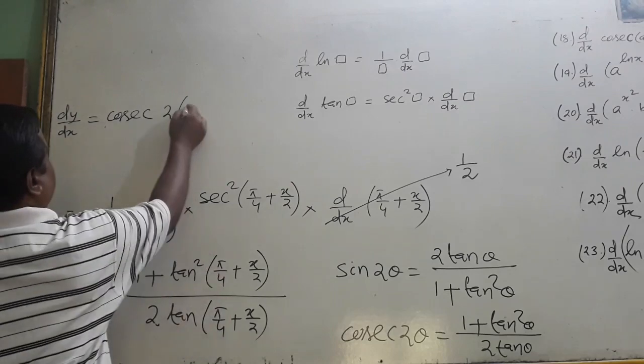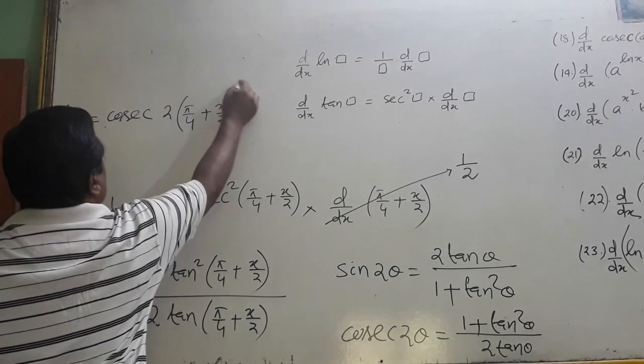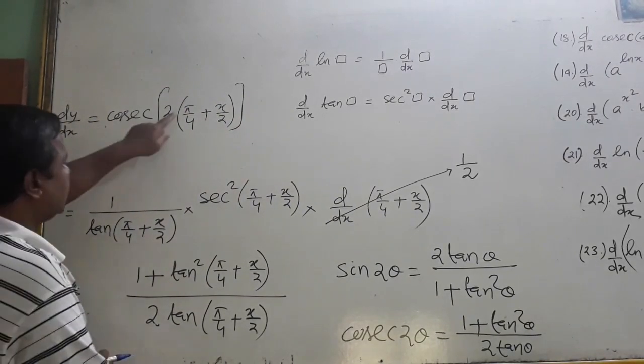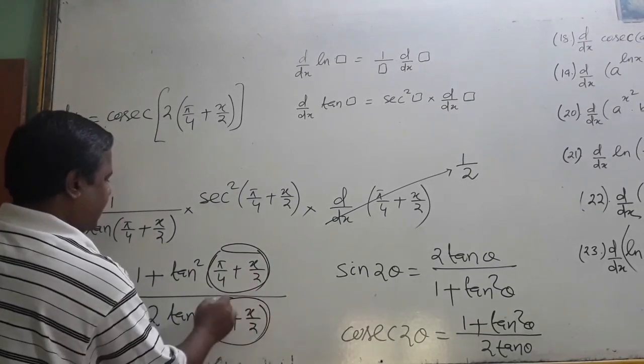Theta means what? Pi by 4 plus x by 2. Look at here. It is cosec 2 theta. Here it is theta. Here it is theta.